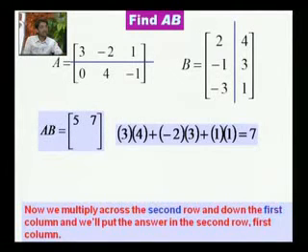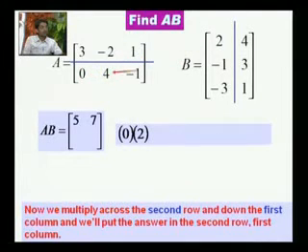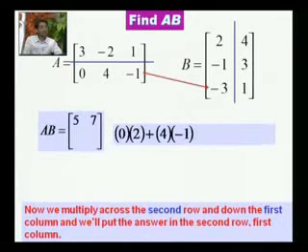Then we change the row in matrix A, and now we multiply the second row with the first column, then the second row with the second column. So we multiply 0 with 2, then 4 with minus 1, and then minus 1 with minus 3.